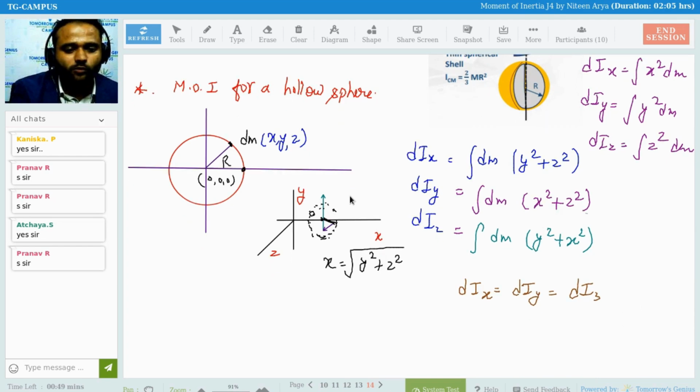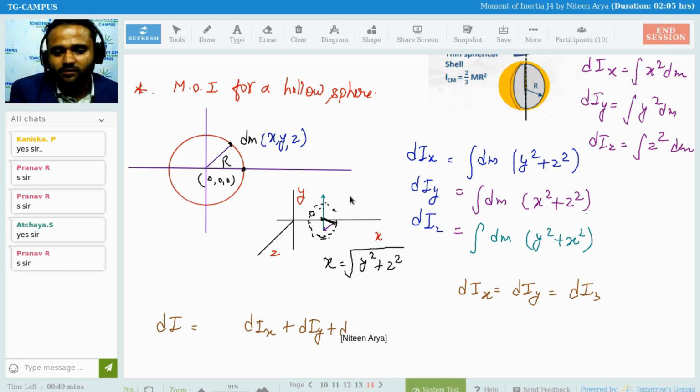So the net moment of inertia for a small particle of dm is dix plus diy plus diz, and you can write it as 3di. Is this clear everyone? Is this clear now beta?